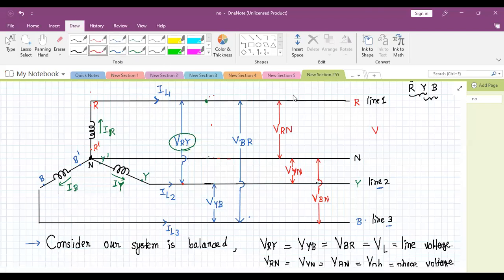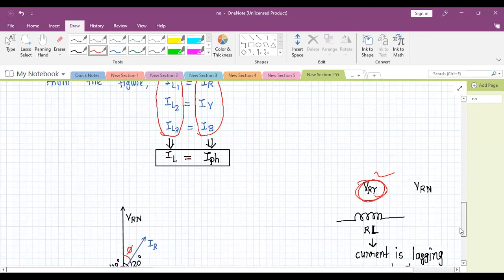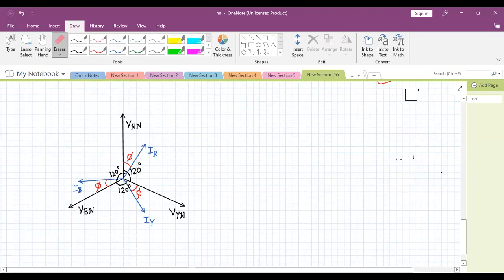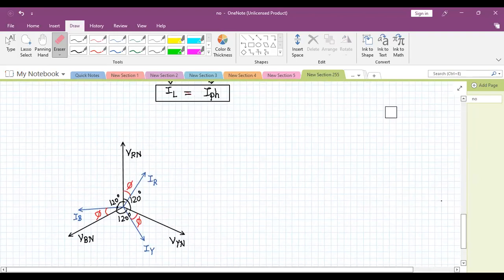From the diagram, we can say VRY is equal to VRN plus VNY. The same concept we are using here. Now I will remove this because you know this thing. So as per our discussion, VRY is equal to VRN plus VNY.